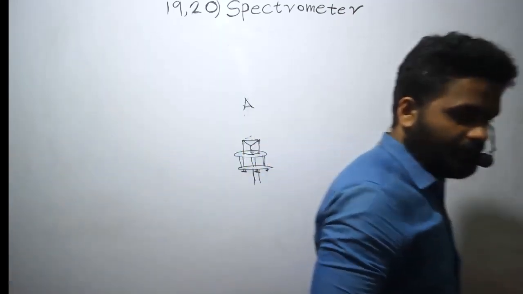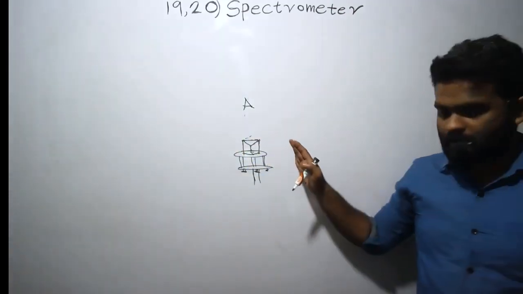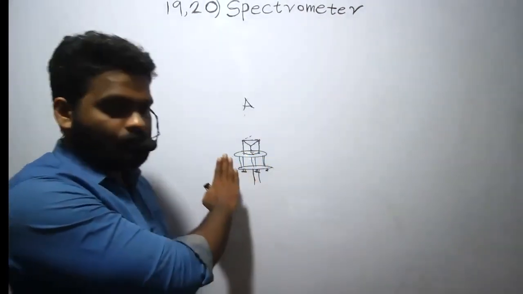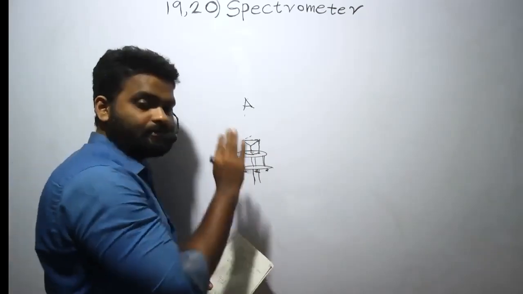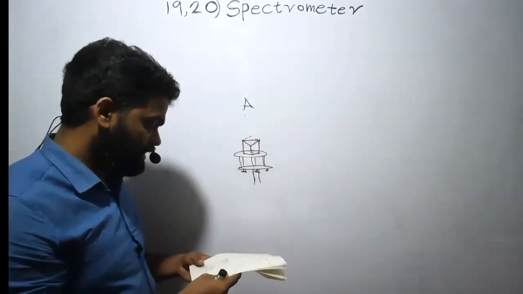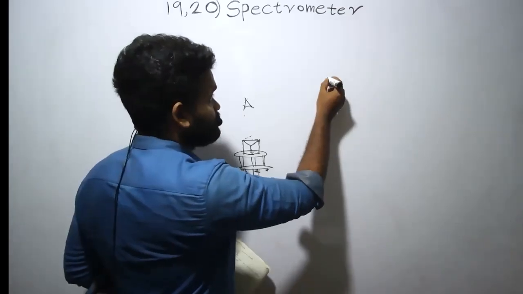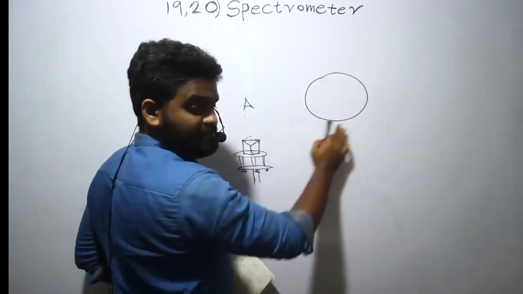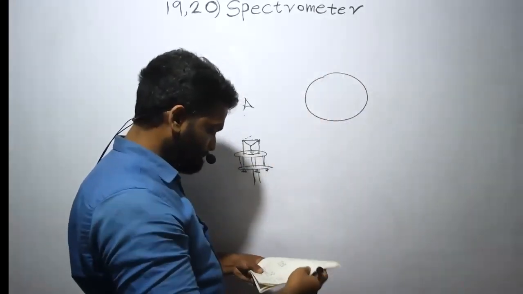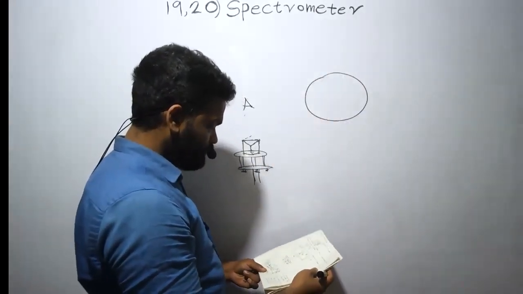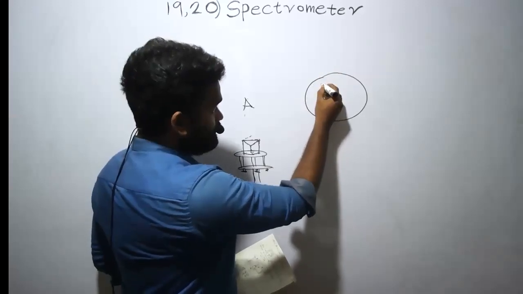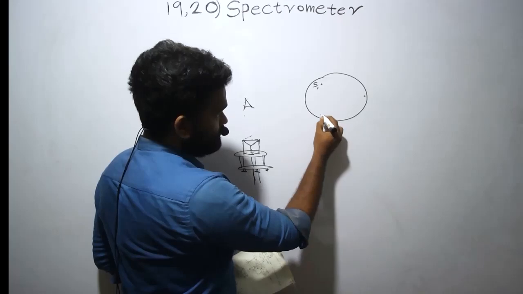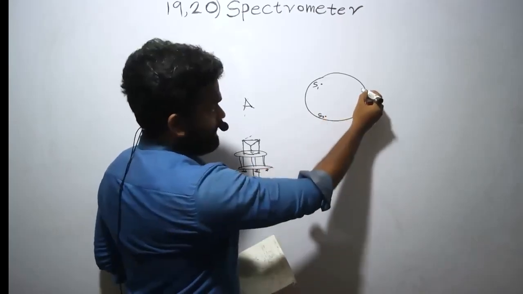Then there is a special way. Now listen carefully, okay? There is a special way that you have to place this prism on the prism table. So this is the prism table. You know that these are the positions of screws, let's say S1, S2 and S3.